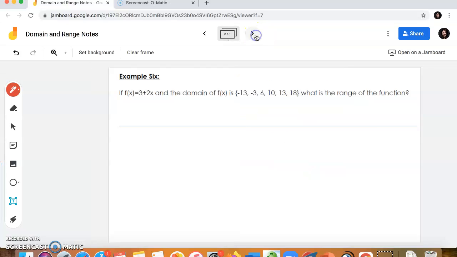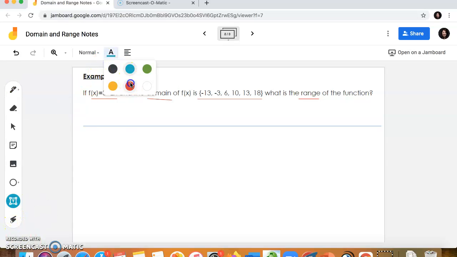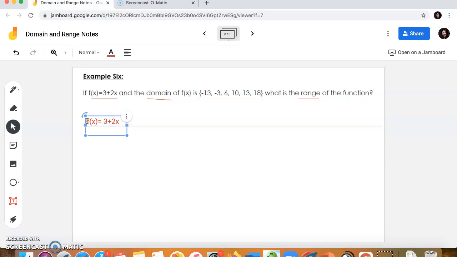This is the same idea. We're using this function. They give us the domain, and they want to know what is the range. Oh, that's a lot of numbers. Let's see. So if we had f of x equals 3 plus 2x, and we insert the -13, we'd get 3 plus 2 times -13, and then you would just simplify that.